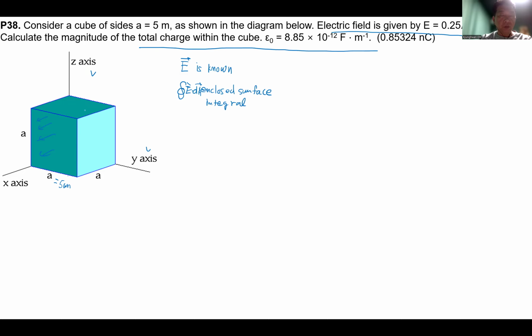So the enclosed surface integral is the integral over this cube. Okay, and then from this it is going to be Q enclosed over epsilon naught. Okay, so that we can find out Q enclosed.